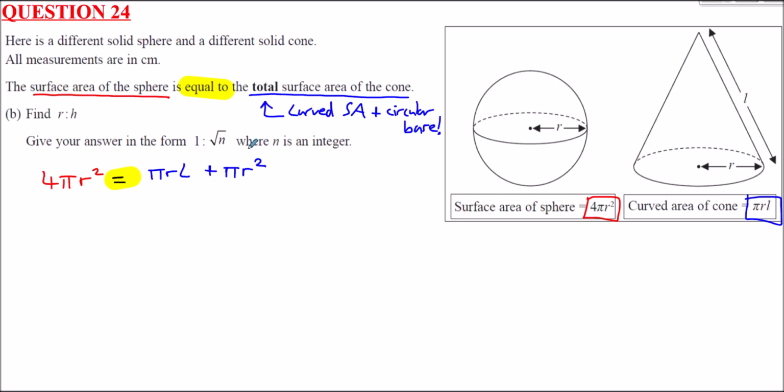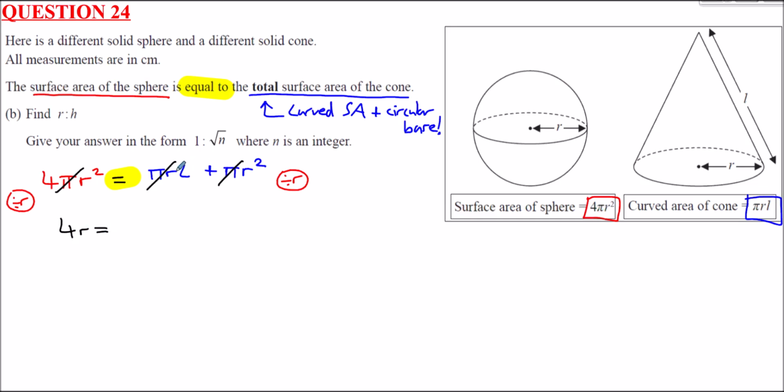So what we can now do again is simplify. Because everything's got a pi in it, we can divide everything by pi, basically just cancel through by pi. And again, because everything has an r in it, we can also divide both sides by r. So dividing through every term by r, I then get 4r.